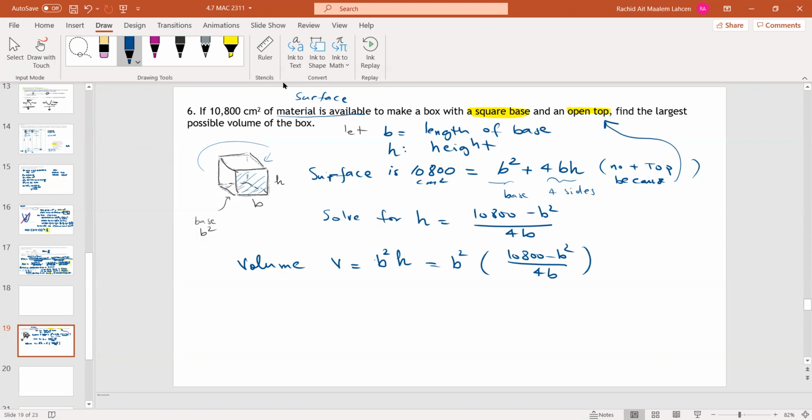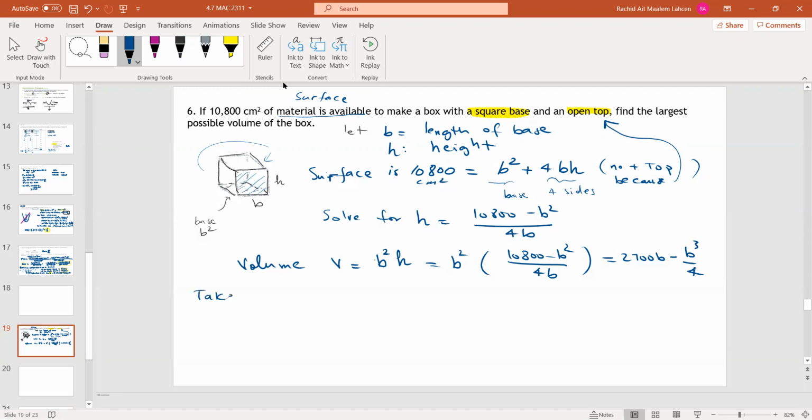Let's simplify it a little bit. It's going to be B squared times 10,800 divided by 4B. That's going to be 2,700B. Then we have B squared times B squared, that's B to the 4th power divided by 4B, which is B cubed over 4. Once we have the formula, then we move on.